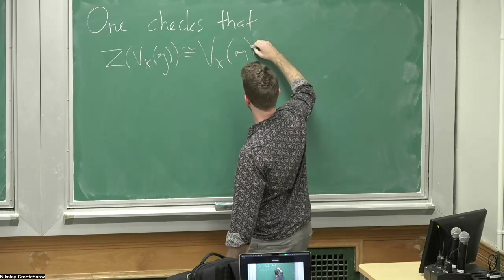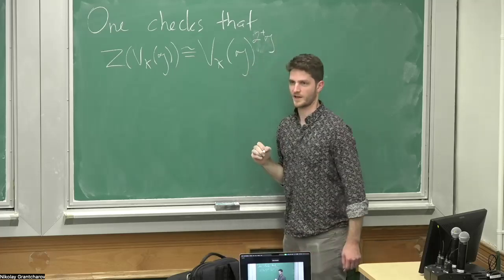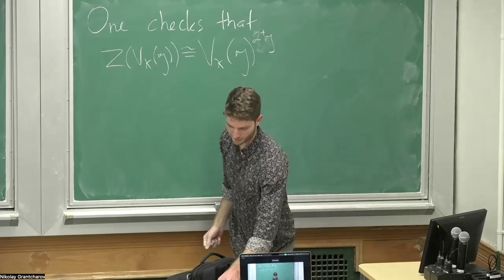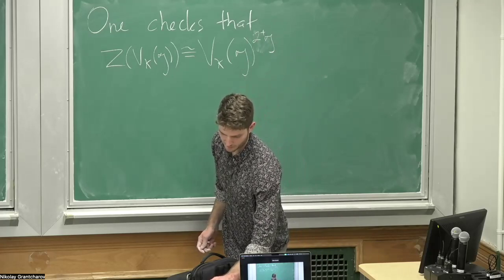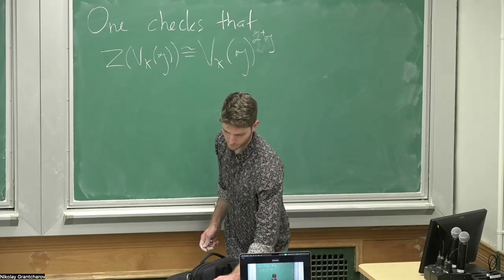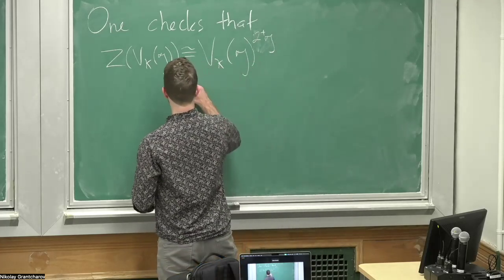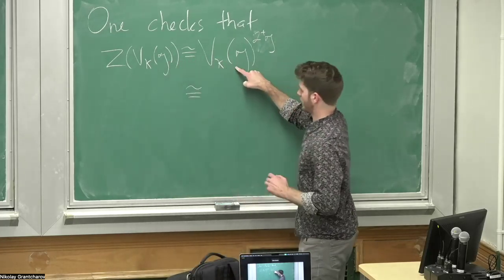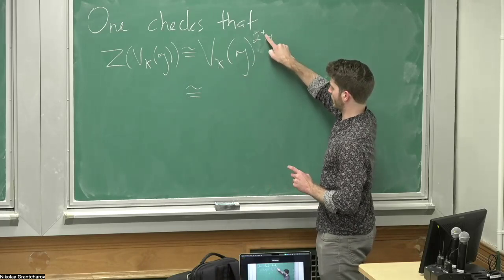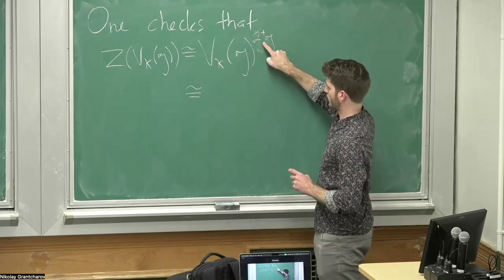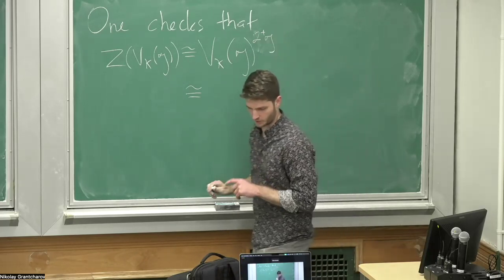It's the invariant vectors for the positive part, G[[t]], the arcs of G. Another way of writing that, morally up to this twisting business which I'll ignore, is the induced representation where I take the trivial representation of arcs of G and induce to loops of G.